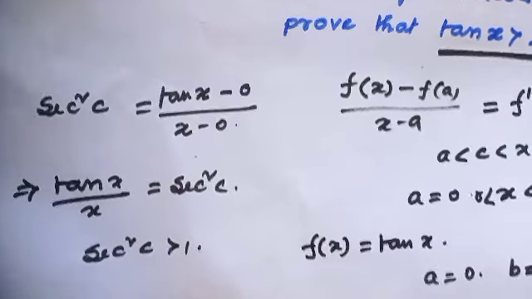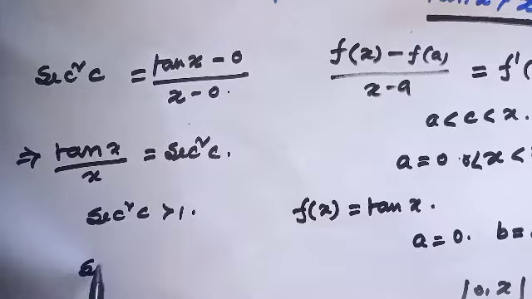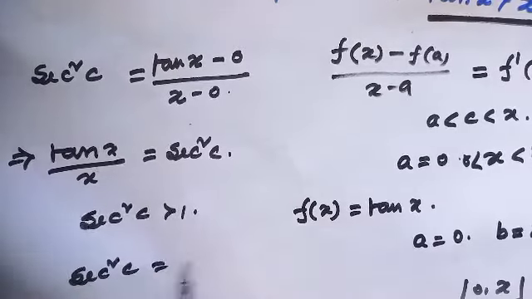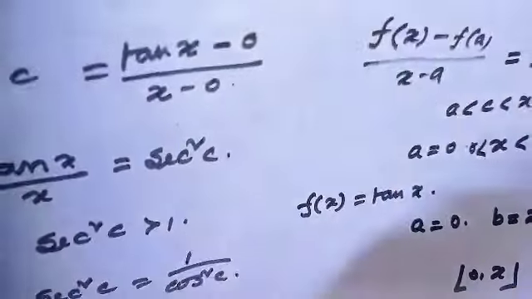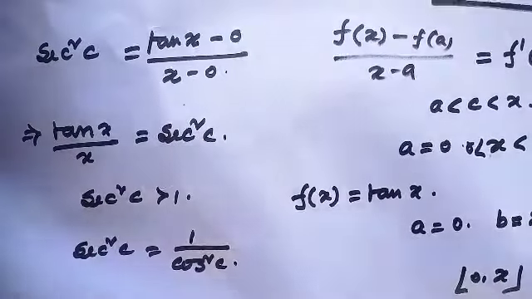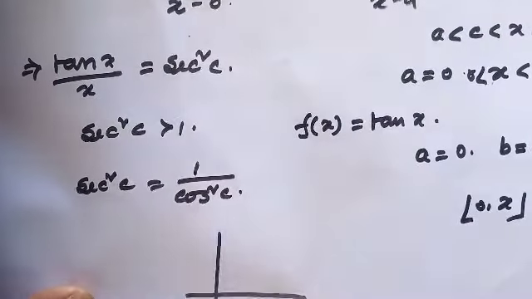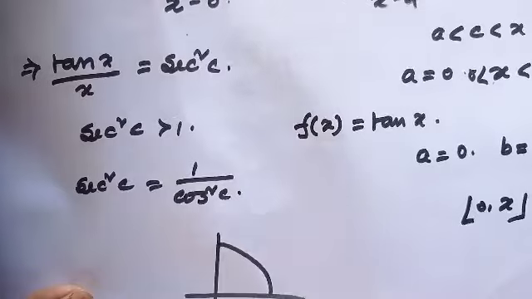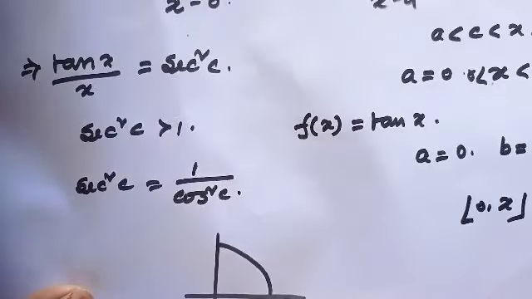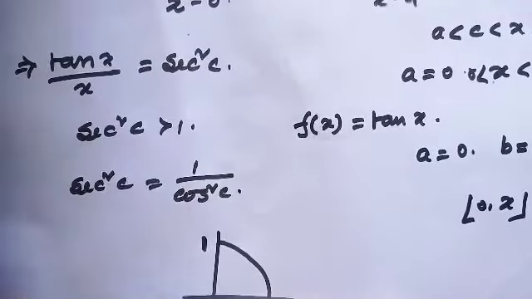And here notice sec square c means we all of us know 1 over cos square c, and between the interval 0 to pi over 2, the graph of cos square c is this, and at the point 0 the value of the function is 1.